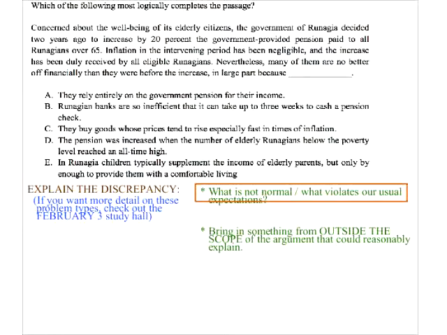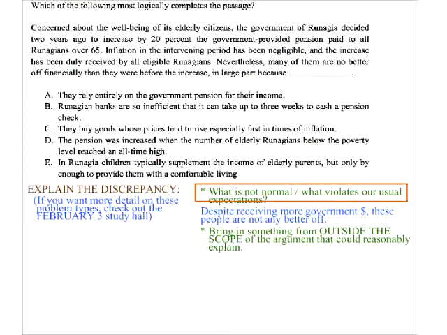So, right, a 20% increase, and I think it's ID or LD says, a 20% increase should normally improve their financial situation. So despite receiving more government money, these people are not any better off.